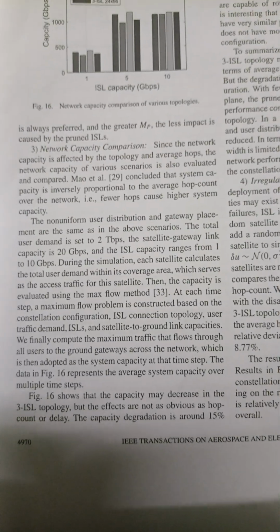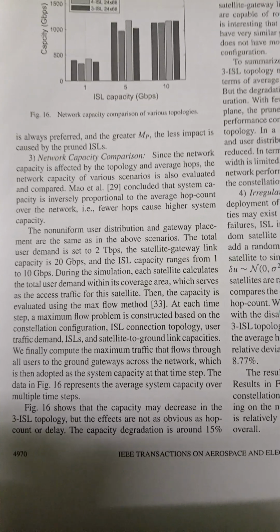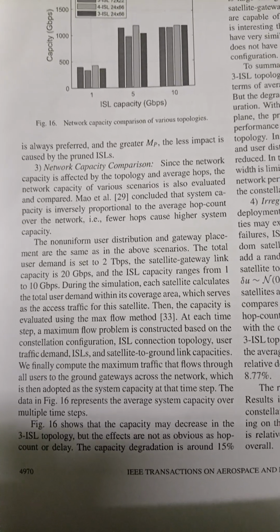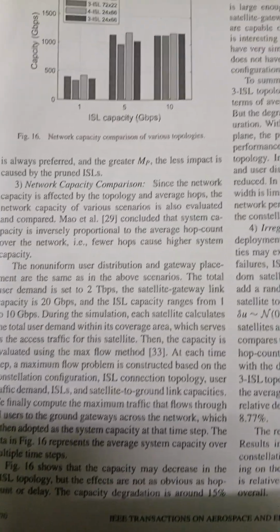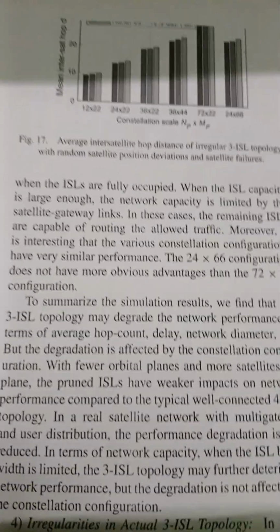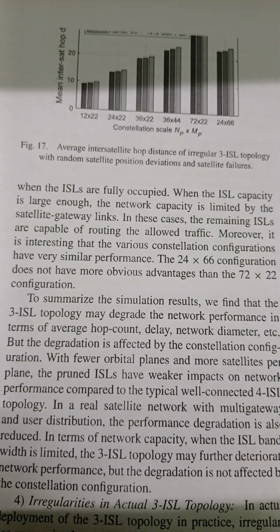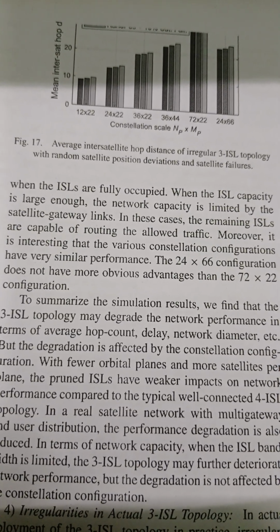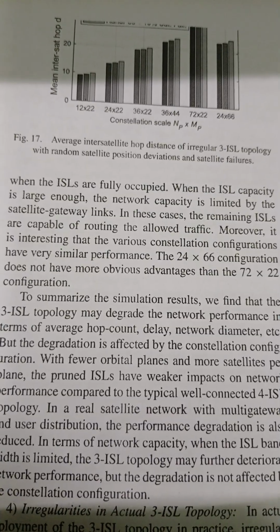Figure 16 shows the capacity may decrease in the 3-ASL topology, but the effects are not as obvious as hop count or delay. The capacity degradation is around 15% when ISLs are fully occupied. When ISL capacity is large enough, the network capacity is limited by the satellite gateway links.